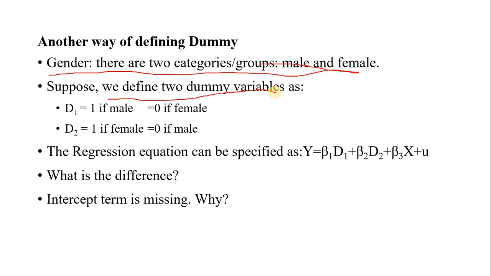We know that for gender there are 2 categories, male and female. And what will happen if we have assigned 2 dummies to represent 2 categories? I'll show you that first.